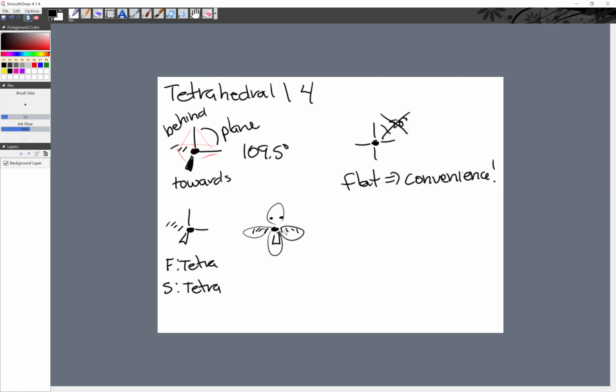It's still angle 109.5. It's still family tetrahedral, but the bonds are going to make the shape. Okay, so right there, they're making a triangle underneath. So it is shaped trigonal pyramidal, or a triangle pyramid, right? So that's with 1 lone pair.